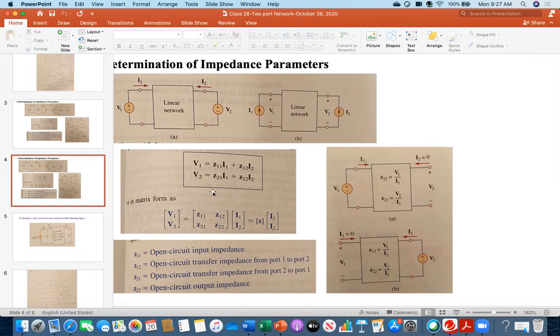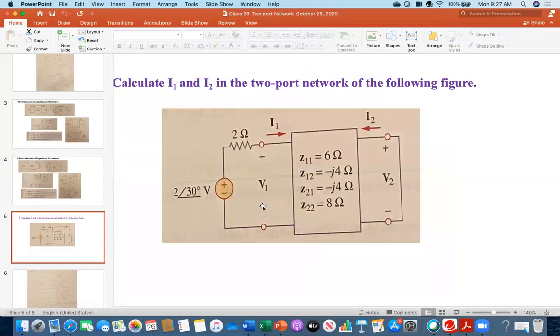Have you all written down these two equations for V1 and V2? Yes. Okay. So now everybody go back to this problem. Fill up that equation. Then you can find out what is ion and I2. The question is to find out ion and I2.